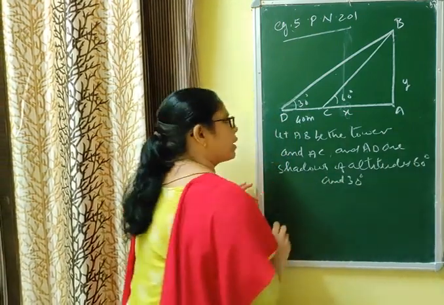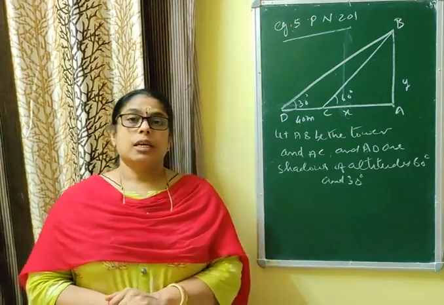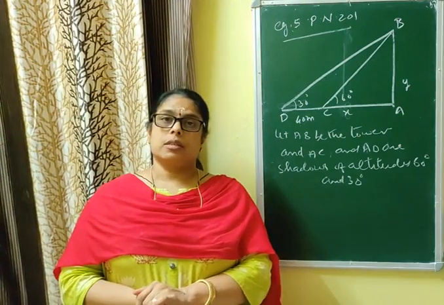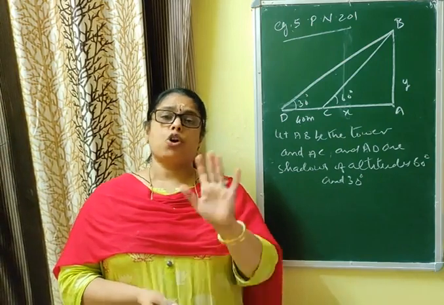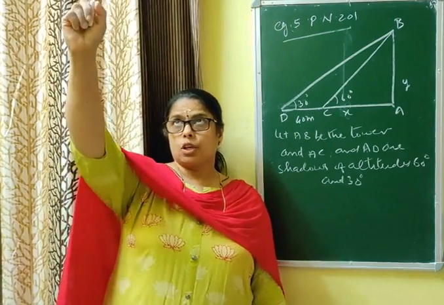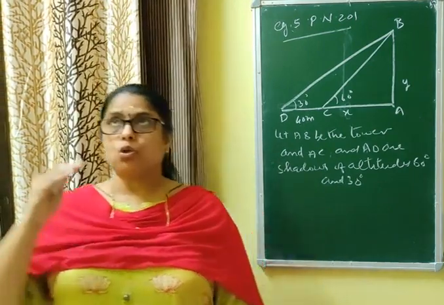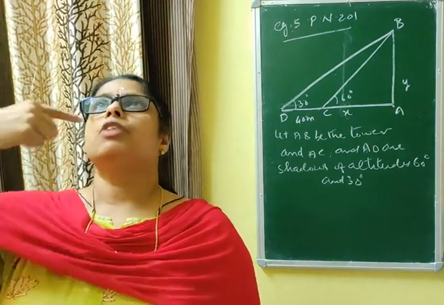From this, how can you find which angle is to be taken as 30 degree? I will give you a trick. If the point of observation is far from the object, मैं यहाँ खड़ी होकर ऊपर का देखूंगी, then the angle of elevation is small. If I go towards the object, then my head will move like this.